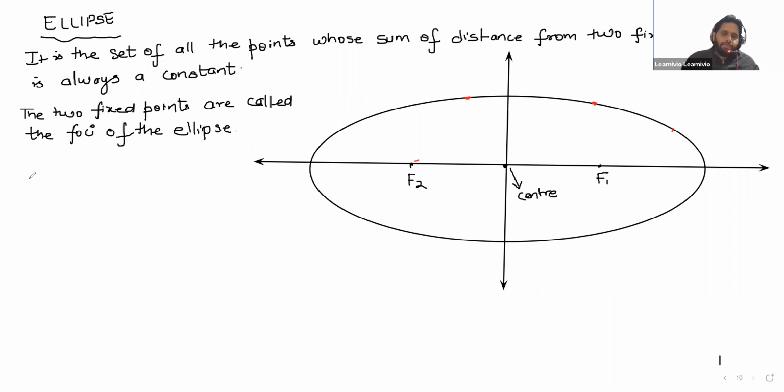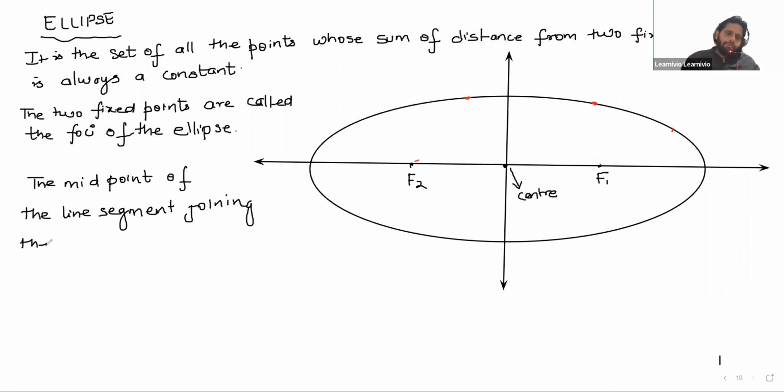So we will define the center like this: the midpoint of the line segment joining the foci is called the center. Okay, so this is 0, 0.